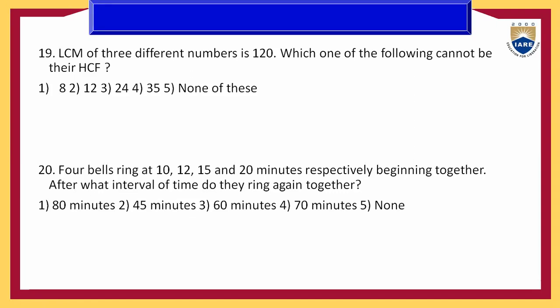After what interval of time do they ring again together? Time intervals and bells are given, so that value we must calculate with the help of LCM. Timing means we take LCM. So here we find the LCM of 10, 12, 15 and 20.